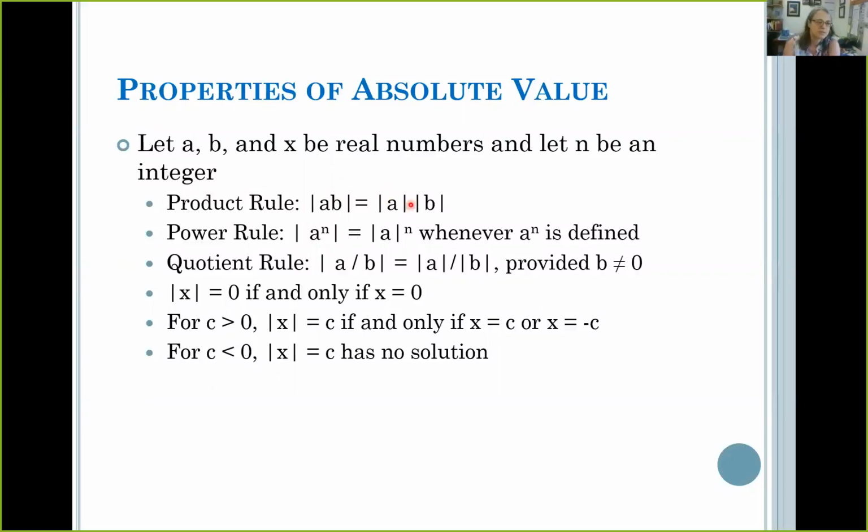Or we could take the absolute value of -3, which is 3, and multiply that by the absolute value of 2, which is 2. 3 times 2 is 6. Either way, we get 6.